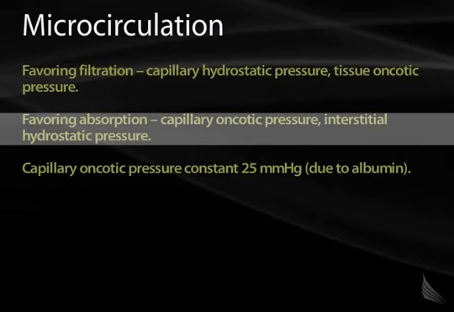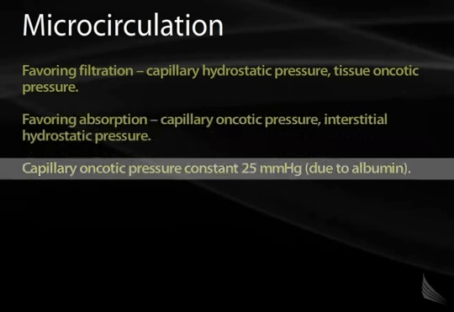Factors favoring absorption are a negative Q, which means the movement of fluid from the target organ back into the capillary, are capillary oncotic pressure and interstitial hydrostatic pressure. Normally, capillary oncotic pressure is constant at 25 millimeters of mercury due to a constant level of albumin in most healthy patients.